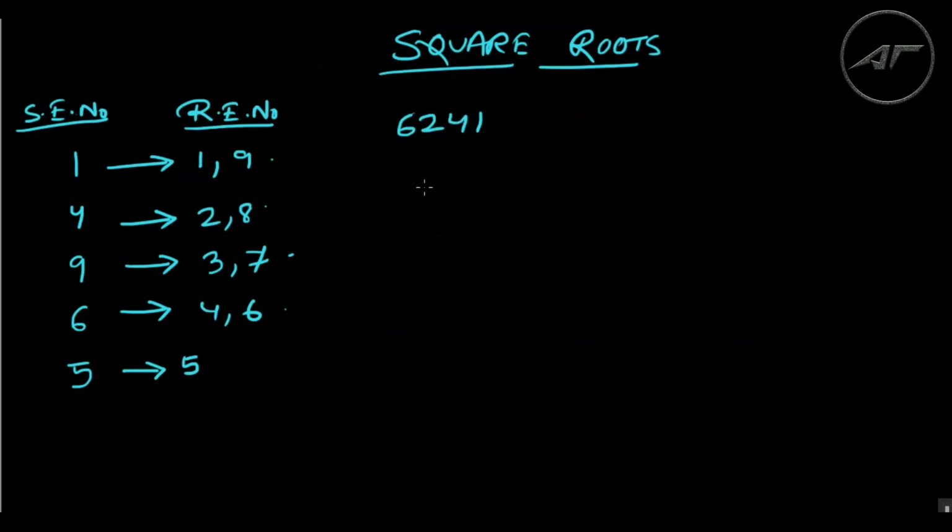We break it up into 2 parts, where the last part is the last 2 digits, that is 41, and the first part is the remaining 2 digits, that is 62.